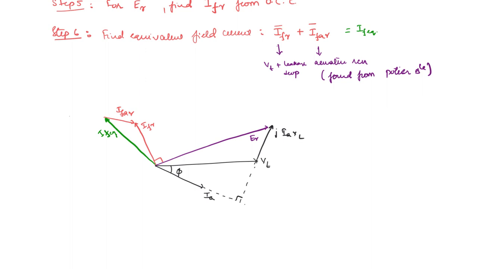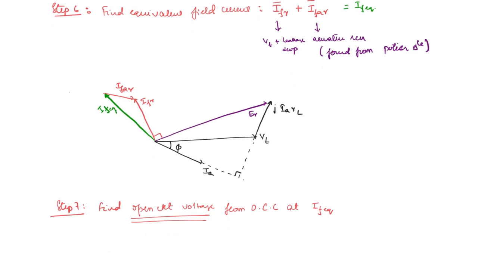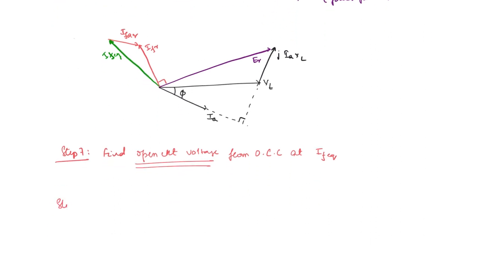So you are going to write step 7: find open circuit voltage from OCC at the equivalent field current. This is the final open circuit voltage which is taking care of the armature reaction and the leakage drop as well. Once you find it out, the rest of it is as it is.